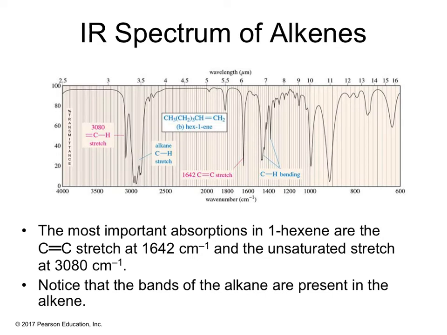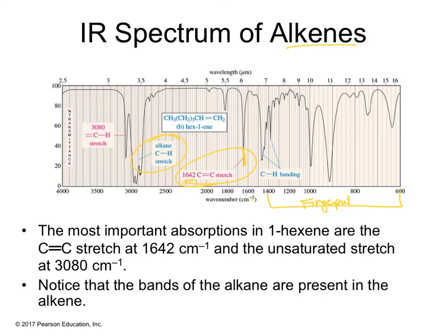Okay, so what would we report on this? Alkenes. You wouldn't even worry about this right here. You would say this is fingerprint. And then you would say, okay, we have a C double bond, so there's your alkene. You have that at 1642.